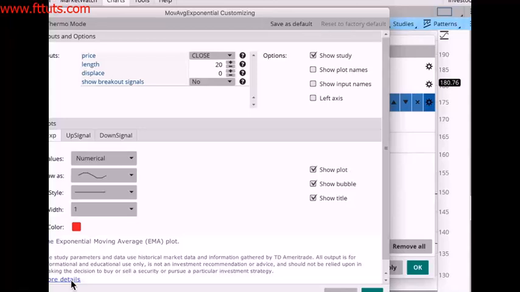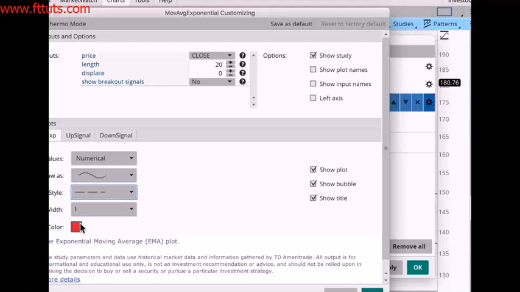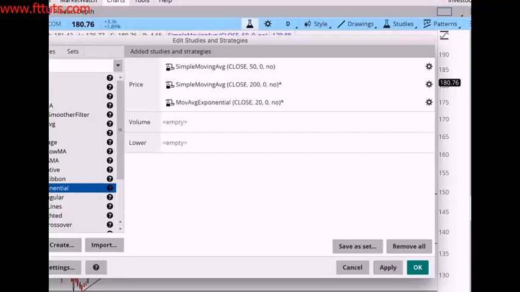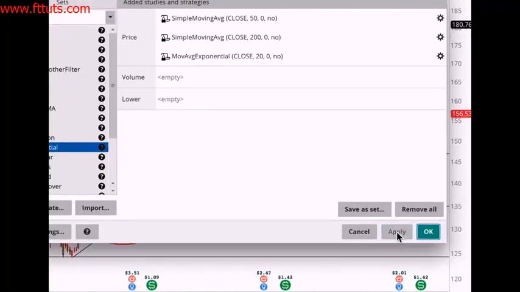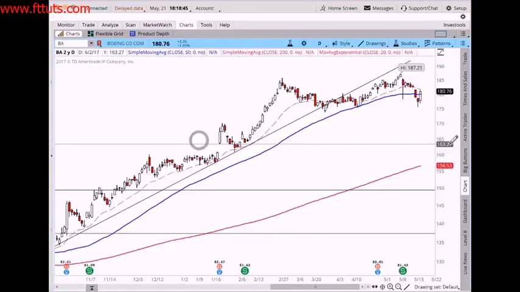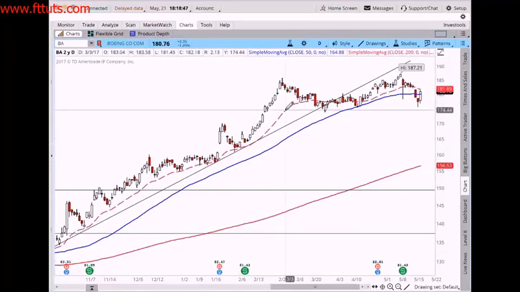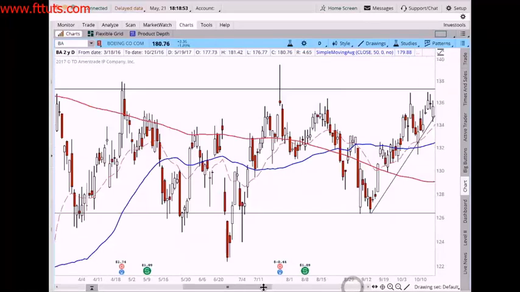Usually for exponential moving averages, I use a dotted line just to demarcate. Okay. Apply. Okay, there we are. So on Boeing, you can see I've put in my 20 exponential moving average, 50 moving average, and 200 moving average, right? So there we are.